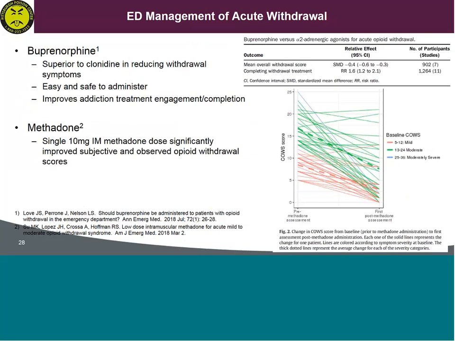So from an immediate standpoint, for the treatment of acute withdrawal, buprenorphine and methadone both work and are superior to clonidine. Clonidine is obviously a common non-opioid treatment for opioid withdrawal, often used in conjunction with things like hydroxyzine, loperamide, ondansetron, NSAIDs, acetaminophen, maybe trazodone, other kinds of a cocktail of treatments to address the various symptoms of withdrawal.